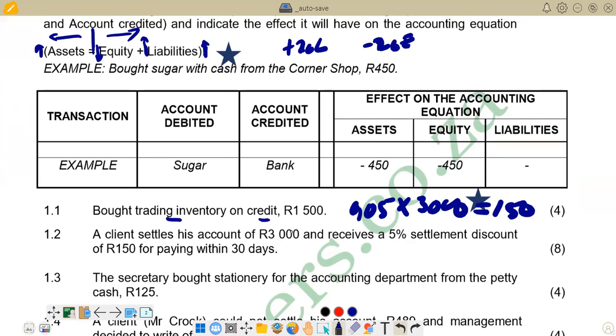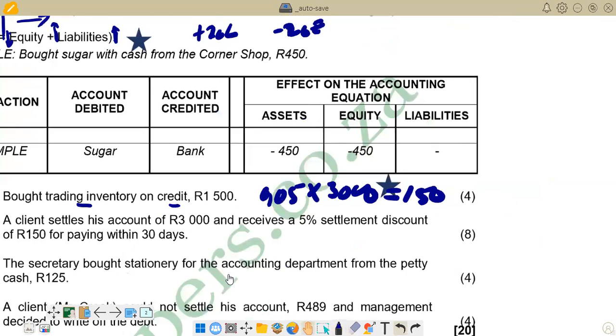This is a discount that is being given to a client, which means there were sales, and a discount given on sales is discount allowed. So you are seeing that we are going to have the discount allowed account there, or we call it a settlement discount, which has been granted. If you subtract this 150 from the total amount of 3,000 to get the net amount, let's try to calculate that.